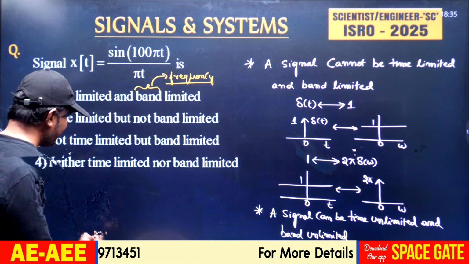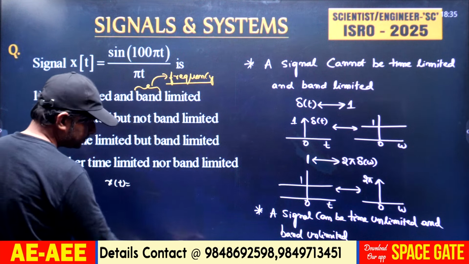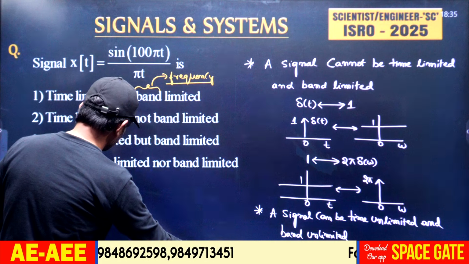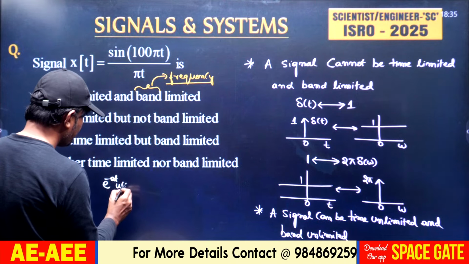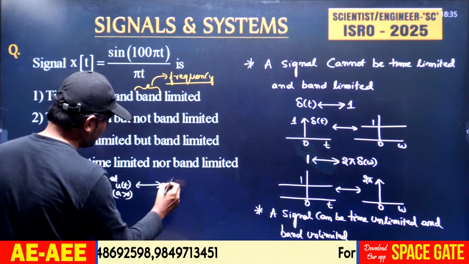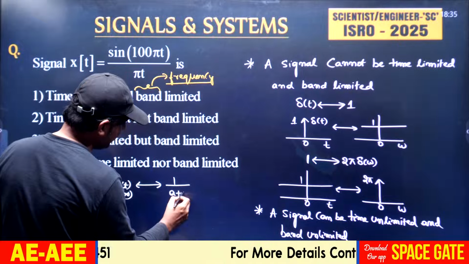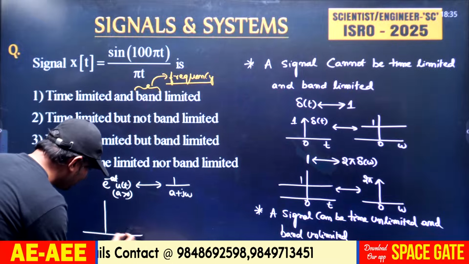For example, if I take the signal e power minus at u of t for a greater than 0, its Fourier transform is 1 by a plus j omega, right? And what is the shape of e power minus at u of t?